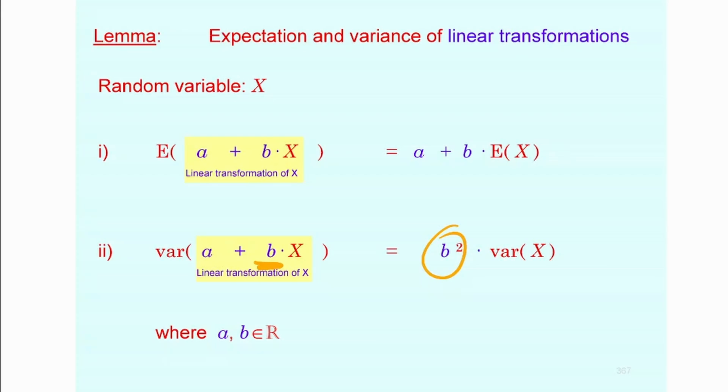And if you multiply, let's say, the random variable by 2, then the square of the distance between the new mean and the new realizations is going to be 4 times as large, because that 4 is the square of 2. All right, so that's the reason why it depends on the square of the multiplicative constant times the old variance.